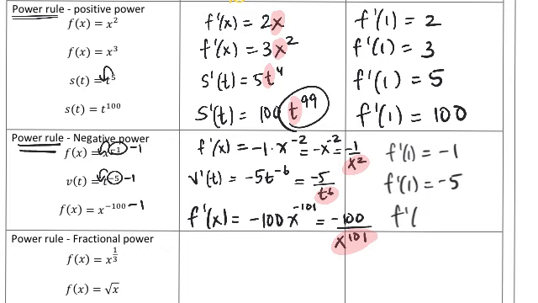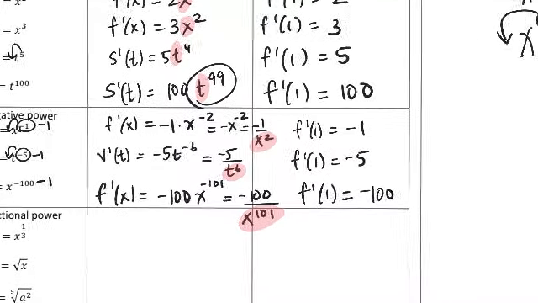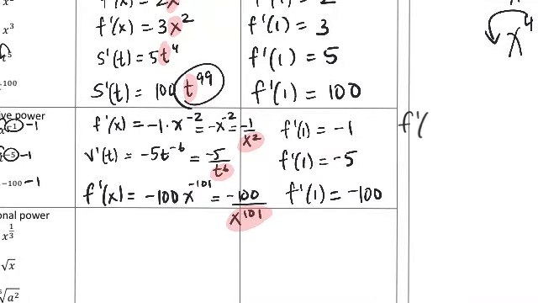Again, that's just reminding you that f prime of 1 means you take 1 and put it into the f prime equation. If you were doing, for example, f prime of negative 1, you take negative 1 and put it into the f prime equation.